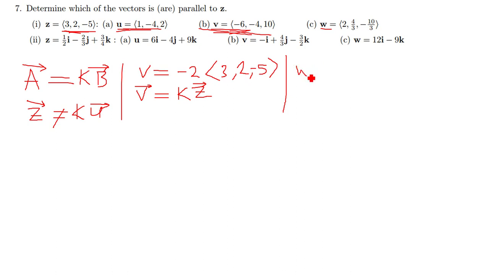So w can also be written as 3 over 2 times... sorry, not 3 over 2 but 2 over 3. We can write this as 2 over 3 times 3.